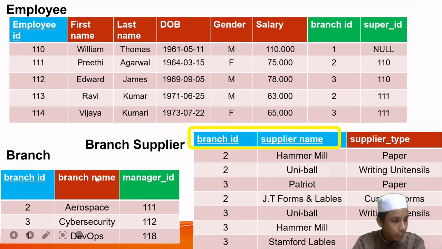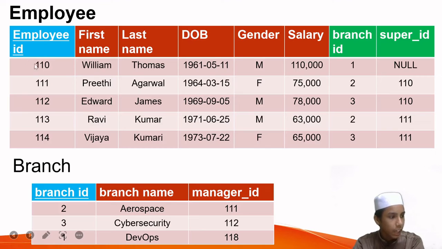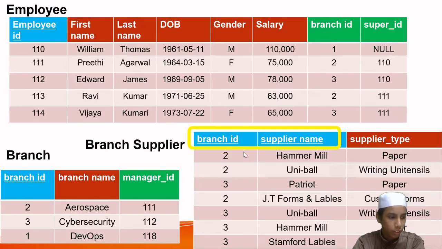In the employee table, we have given the employee ID as primary key, the first column, and this is the branch ID for the foreign key. But here we are giving branch ID and supplier name as primary keys, because if we don't, for example, if we give only the branch ID, then we cannot uniquely identify the table.